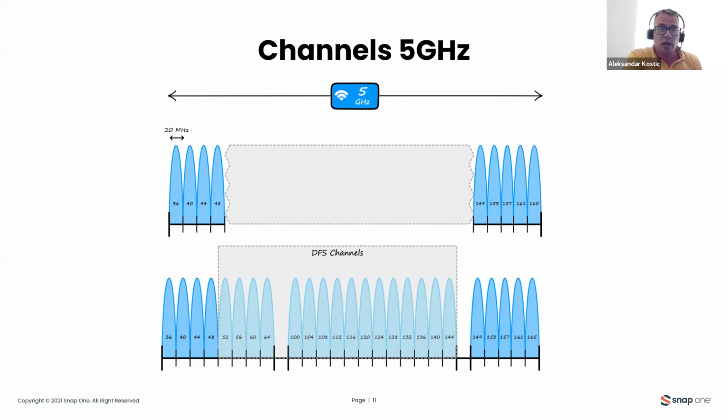We just need to keep in mind that at any moment when there is some collision on a DFS channel, the access point will jump and potentially break the transmission at that moment in order to avoid collision with the radar signal and things like that. So DFS channels are a useful option when we don't have enough free channels on the 5 GHz, but in general, we don't use them.